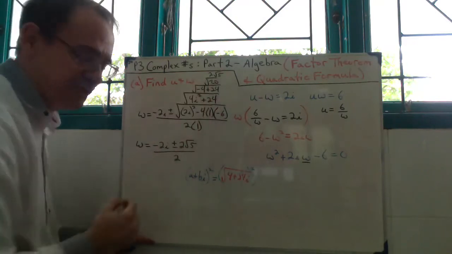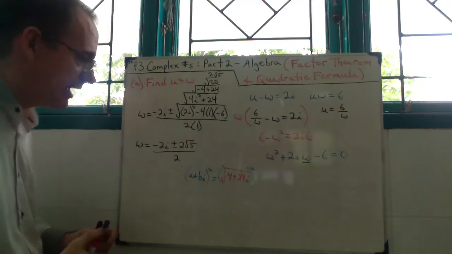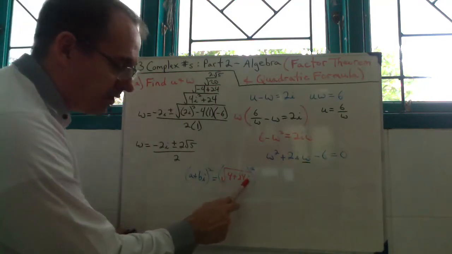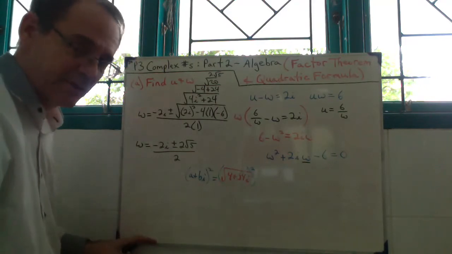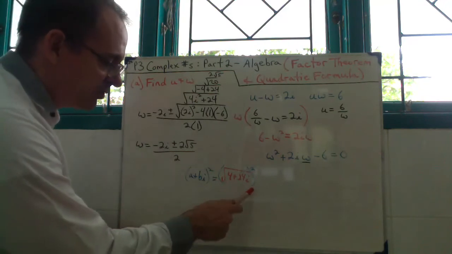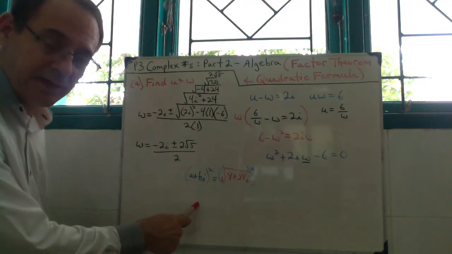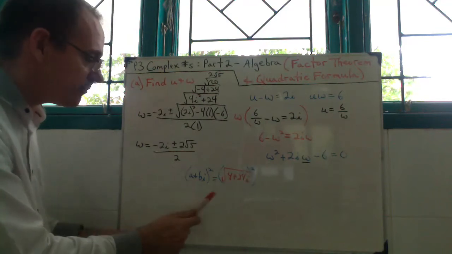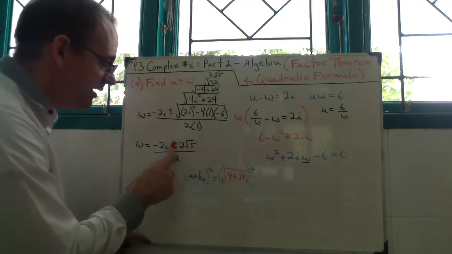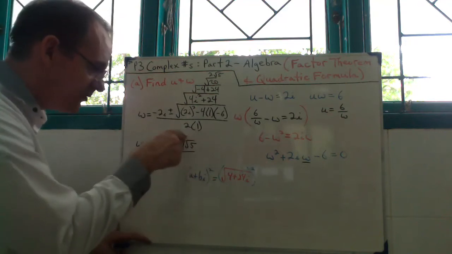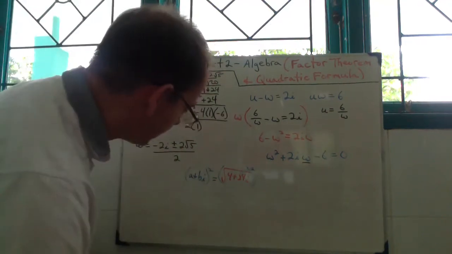So ours reduced out nicely. We didn't have to do that, but it doesn't always come out nice. It can still be a little bit difficult. And so you'll have to take that, work it out like we did with square roots, and then take that result and plug it back into this part of the formula.